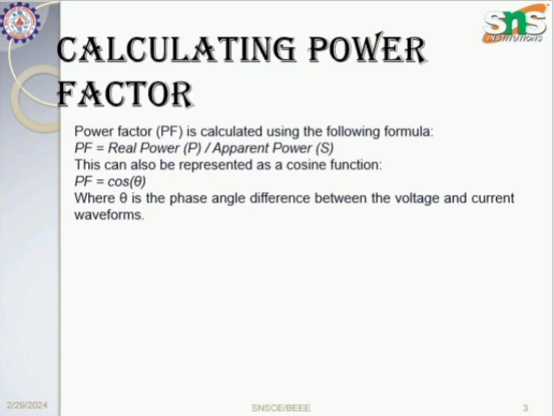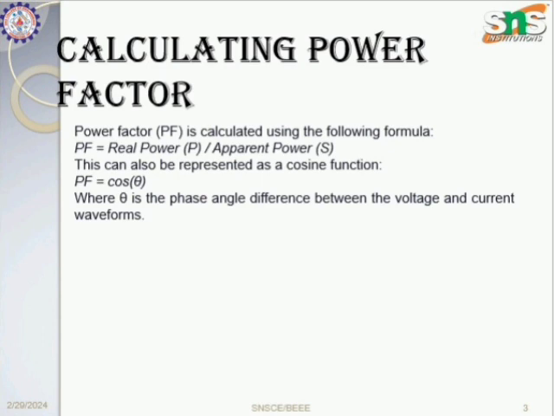Nothing but the total power which is consumed, or the average power or the real power that is actually consumed by the circuit, divided by the apparent power, which is nothing but the total power. So this can also be represented as a cosine function.